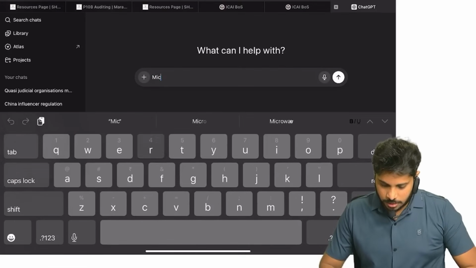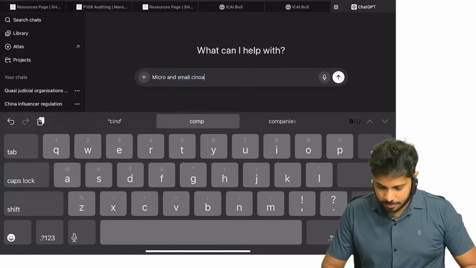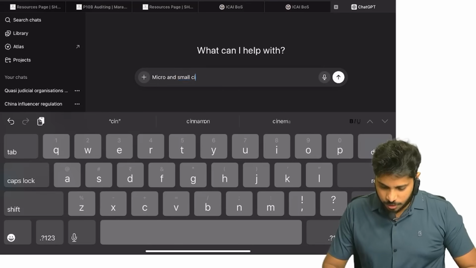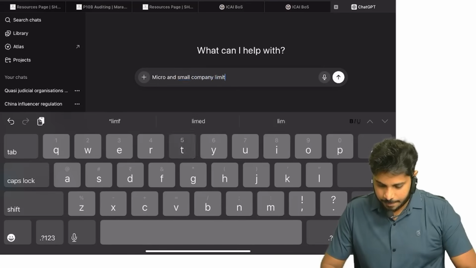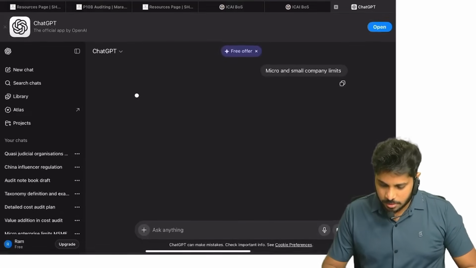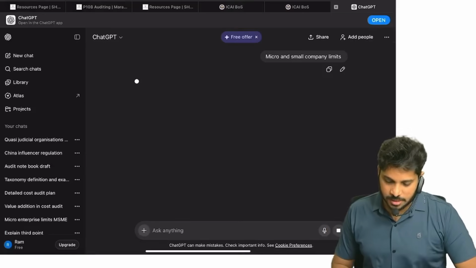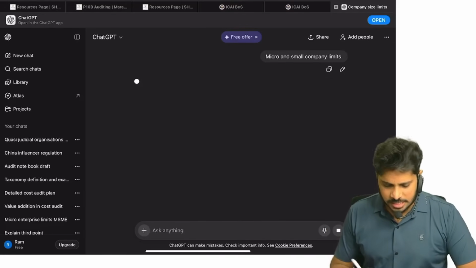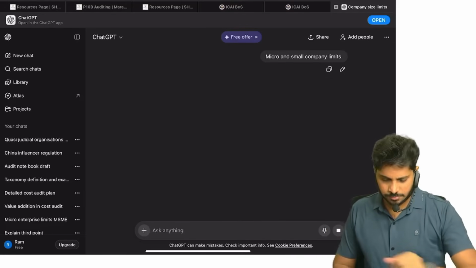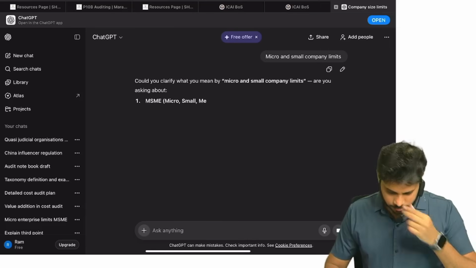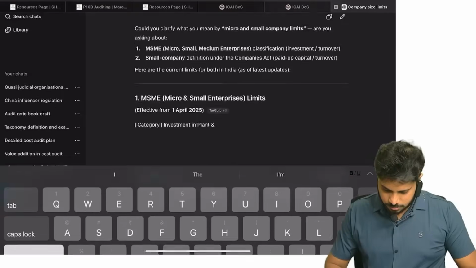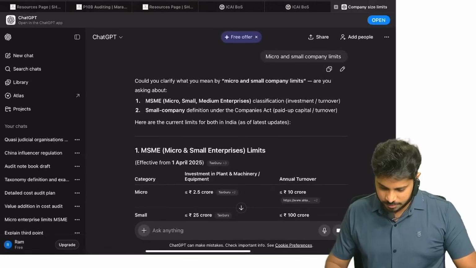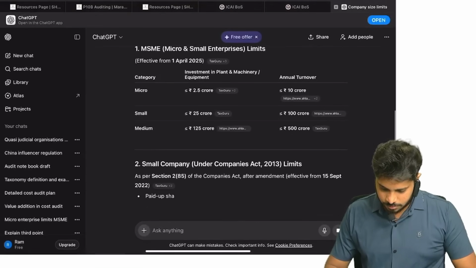So look at micro and small company limits. There is a new limit that is applicable right now. You see, they have given it here.